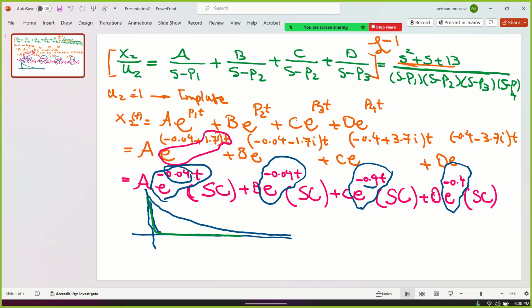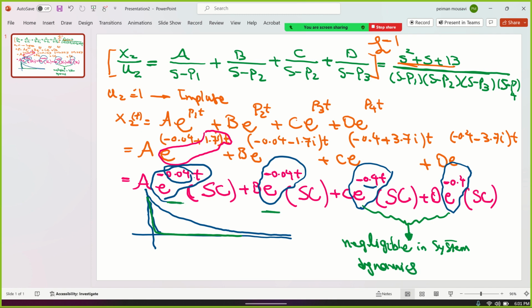So it means, physically speaking, the effect of this term is negligible in system dynamics. It vanishes very fast in system dynamics compared to these terms. See?